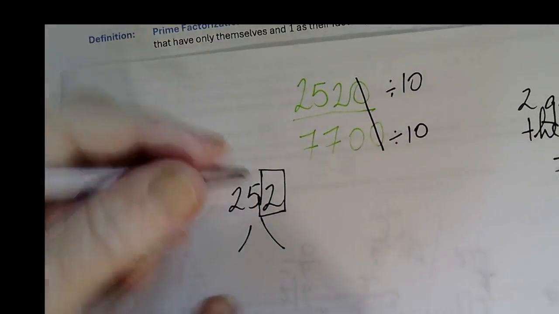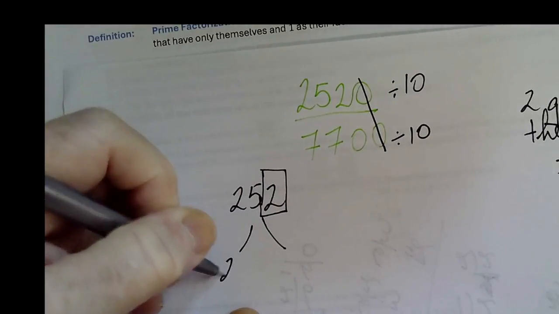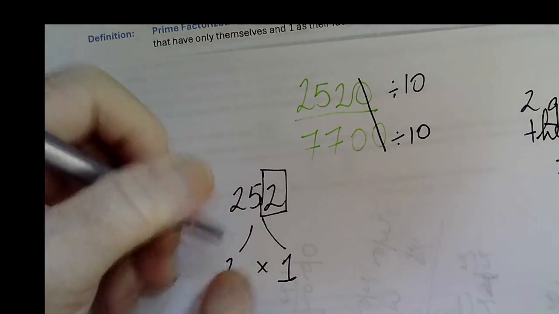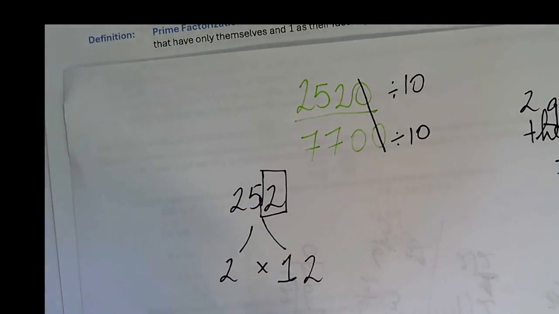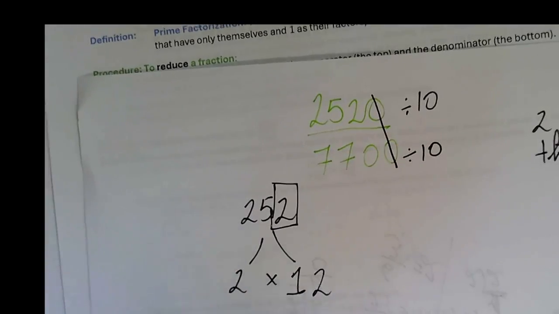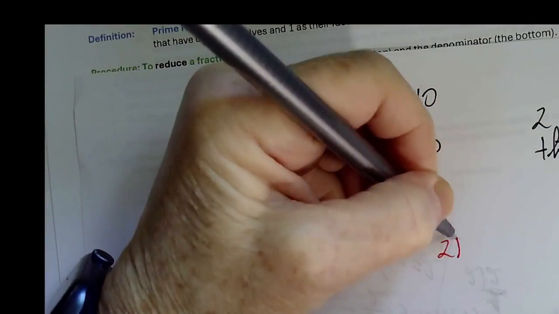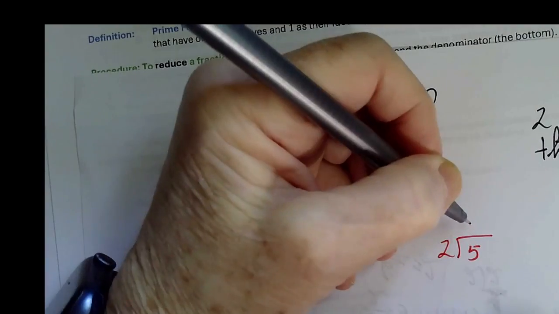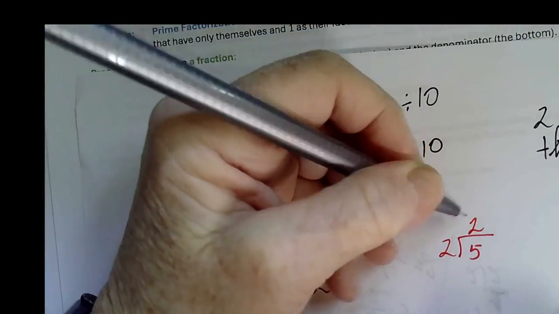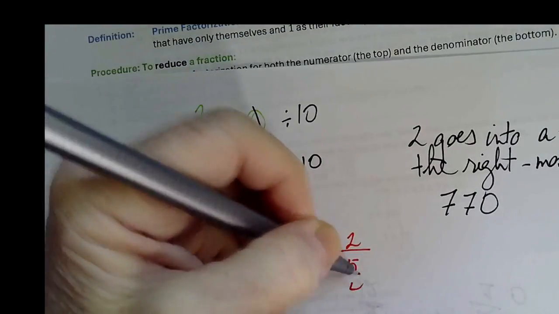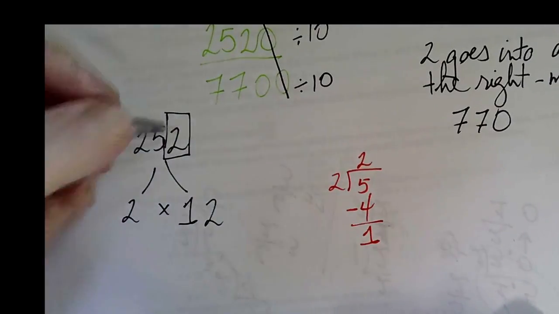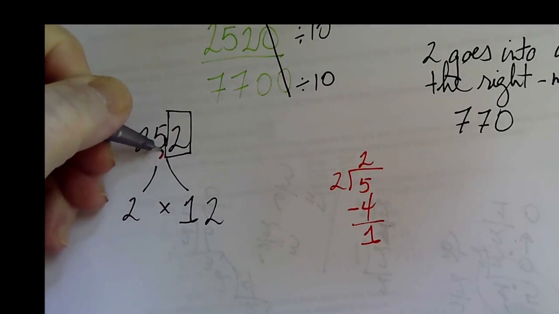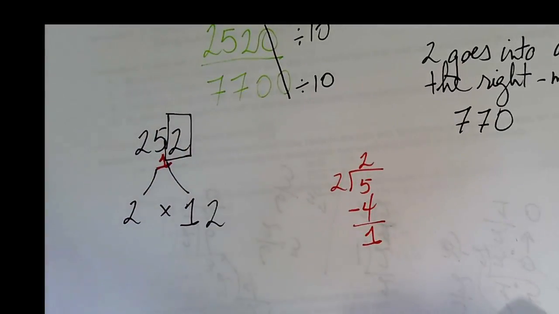So let's see. 2 goes into 2 one time. 2 goes into 5 2 times, but there's a remainder. Because 2 times 2 is 4, and we have a 1 as a remainder. I'm going to write that 1 in front of the next number.